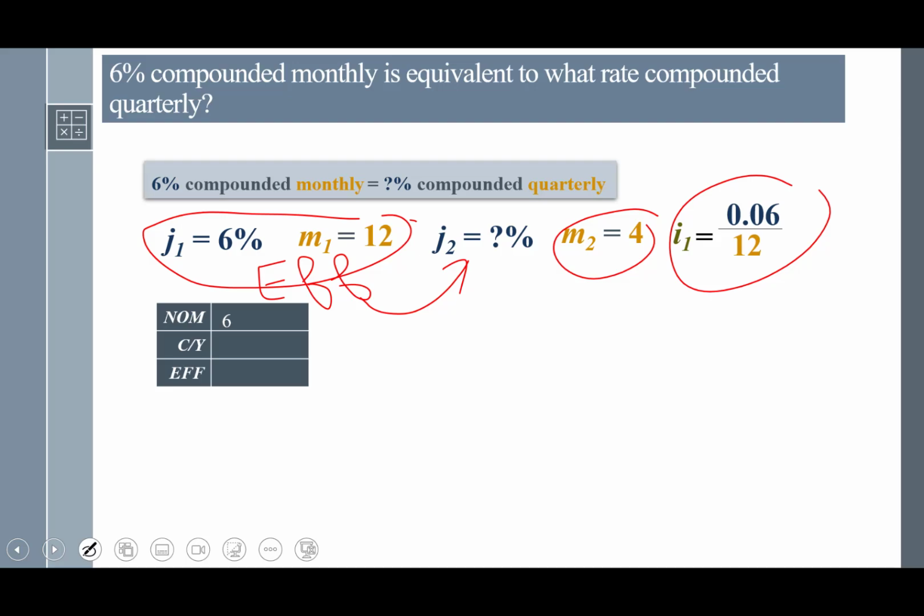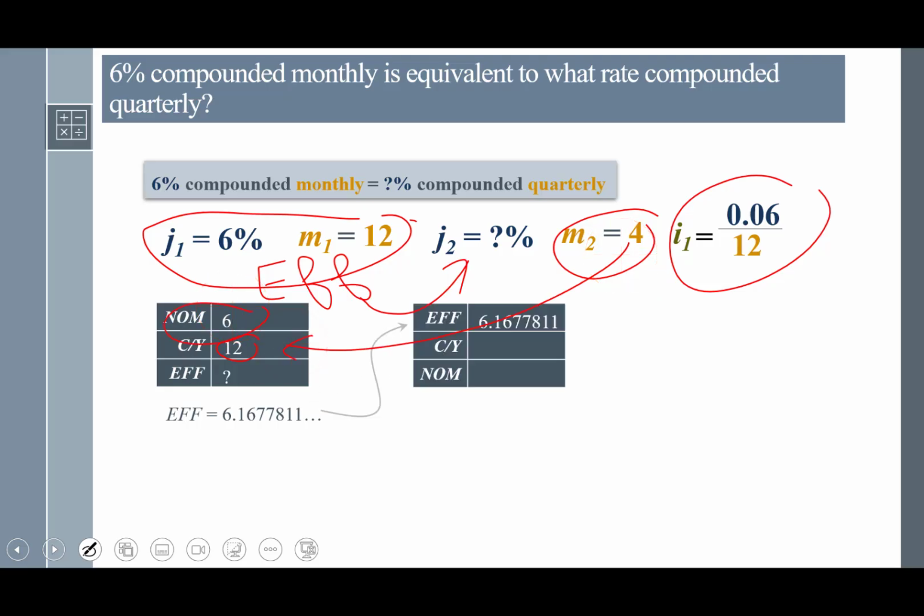So we're going to go to the calculator, enter nominal as 6, compounding frequency 12, CPT effective. Now, without clearing the worksheet on the calculator, go back to CY, change it to 4, go back to NOM and CPT.